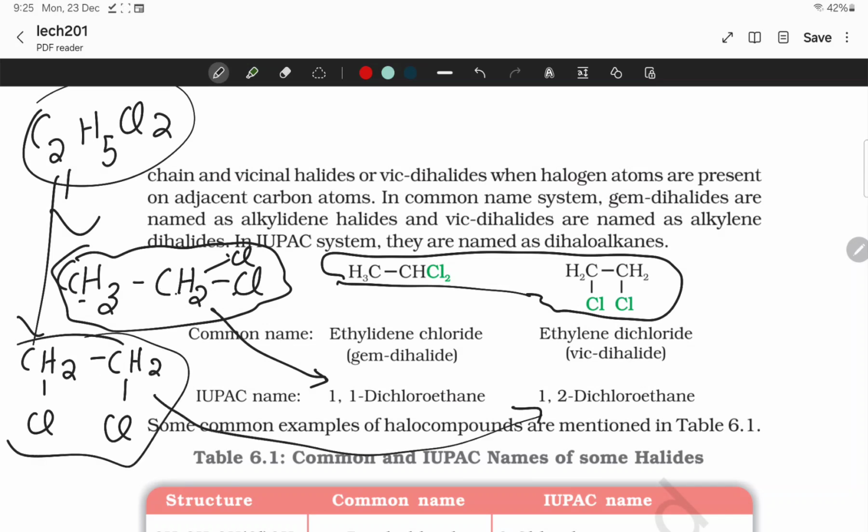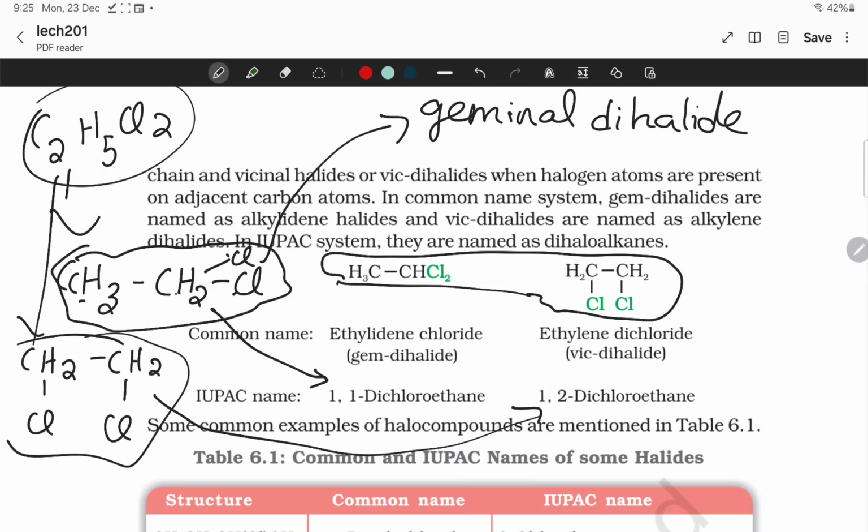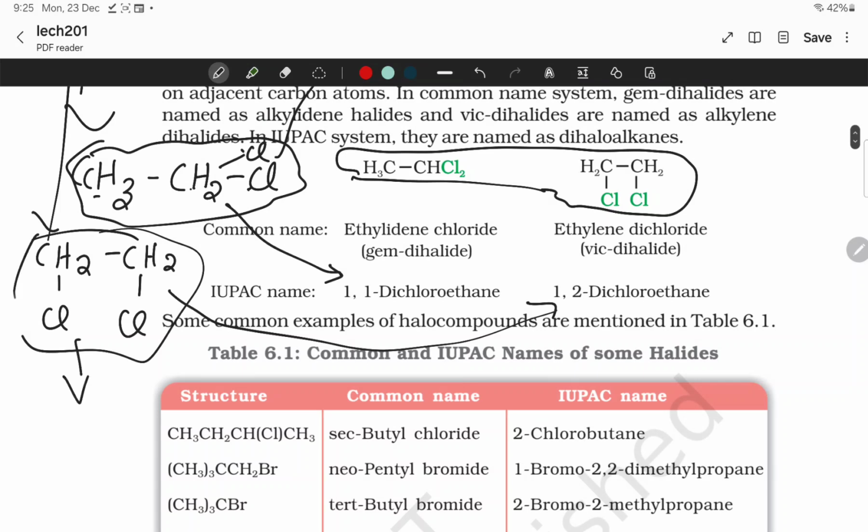That's okay, we know. But commonly, if two halogen atoms are attached to the same carbon, we call them geminal dihalide. And if they are attached to different carbons, we call them vicinal dihalide.